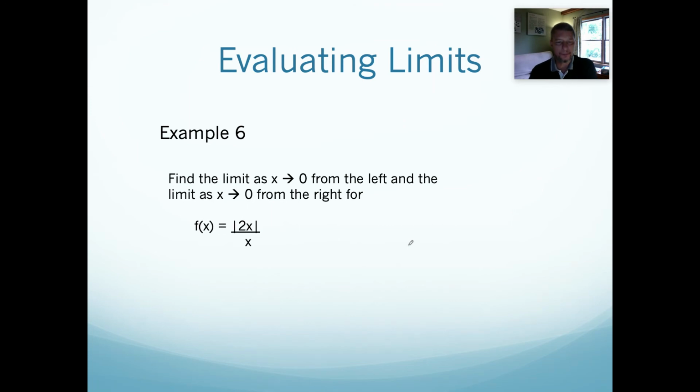Example number 6. Here, you're asked to find the limit as x approaches 0 from the left and the limit as x approaches 0 from the right for the function f of x equals the absolute value of 2x all over x, okay? So we'll start with the left, the limit as x approaches 0 from the negative side, all right?